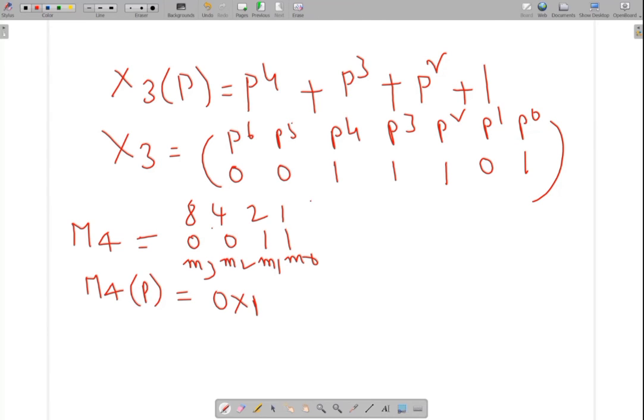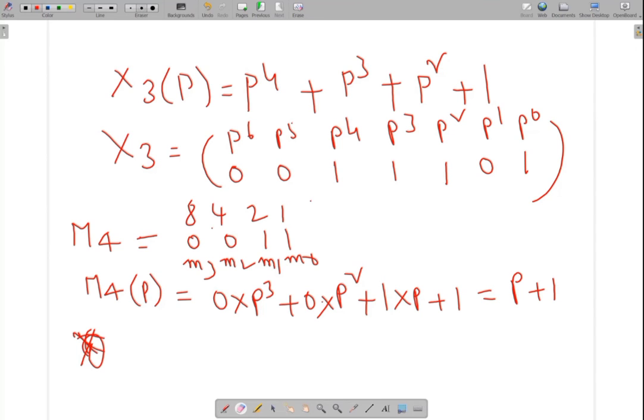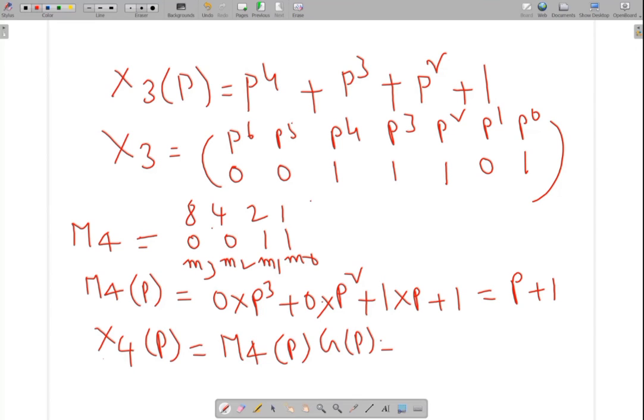Here 0 into P cube plus 0 into P square plus 1 into P plus 1, that is equal to P plus 1. x4 of P is equal to M4 of P into G of P. M4 of P is P plus 1, G of P is P cube plus P plus 1.